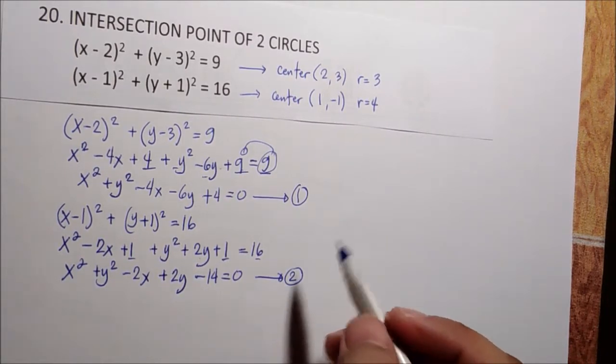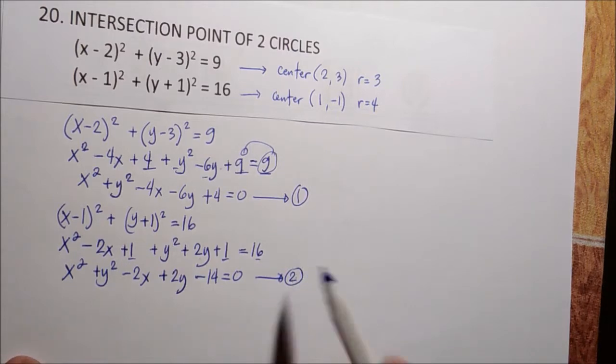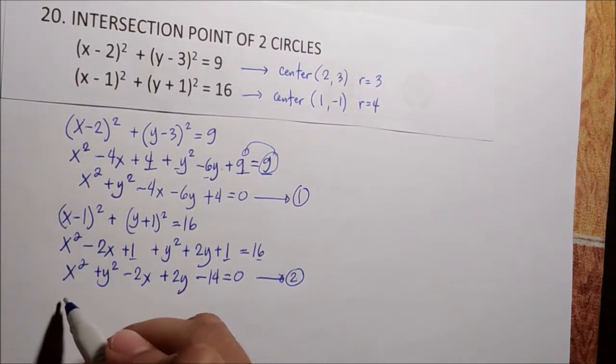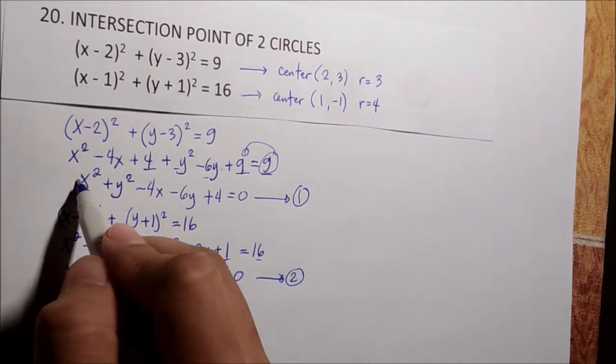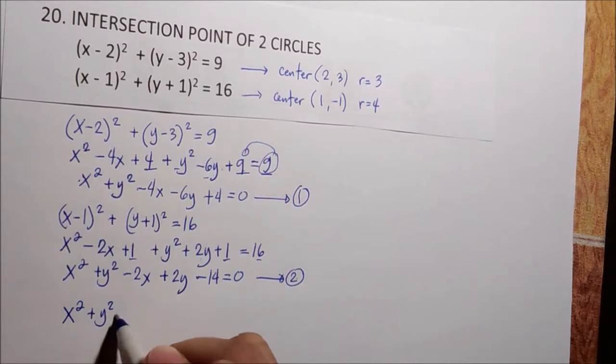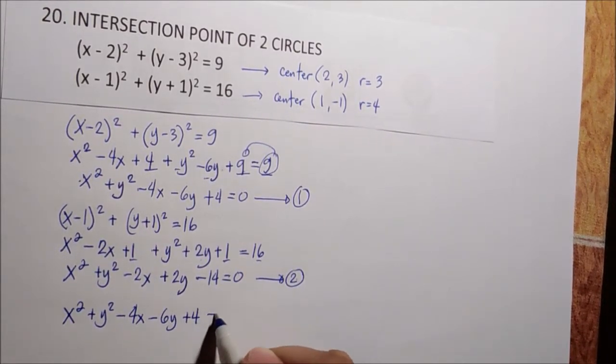Now solve simultaneously the first and the second equation. We will get a linear equation. That will be the equation of the radical axis. Okay, so taking these two, we have x squared plus y squared minus 4x minus 6y plus 4 equals 0.